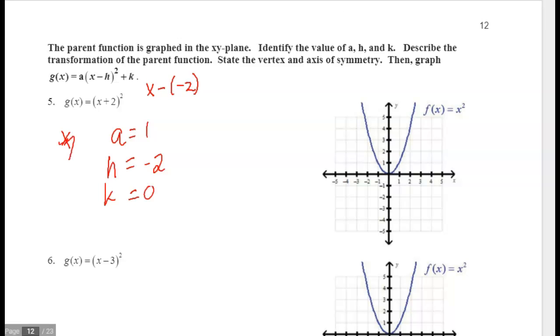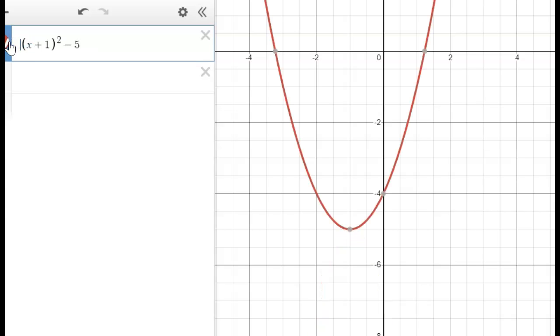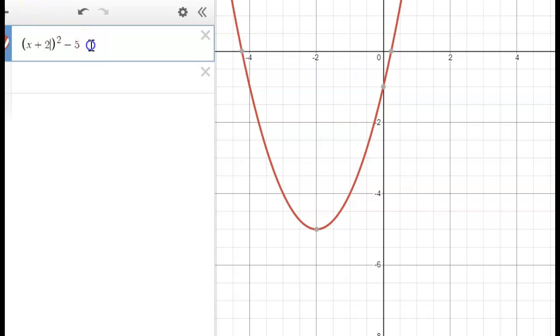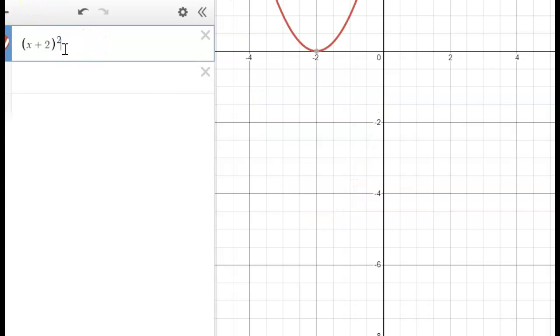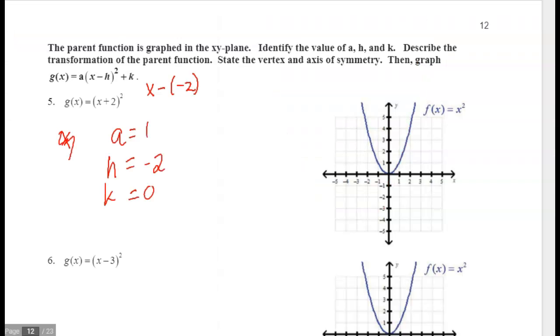So that means that we have transformation. Where does this go? Well, you could graph it if you need to. So we go over here and we could do x plus 2 squared. So we could delete this out and do x plus 2 squared. And you'll notice it shifts 2 spots left. Hence the negative.